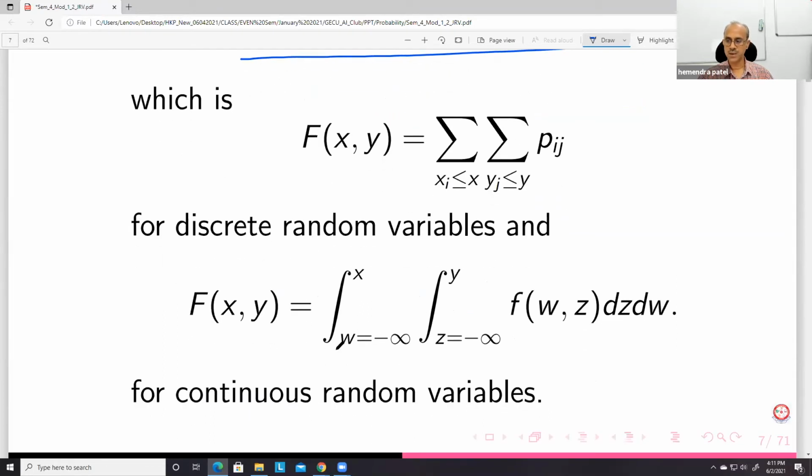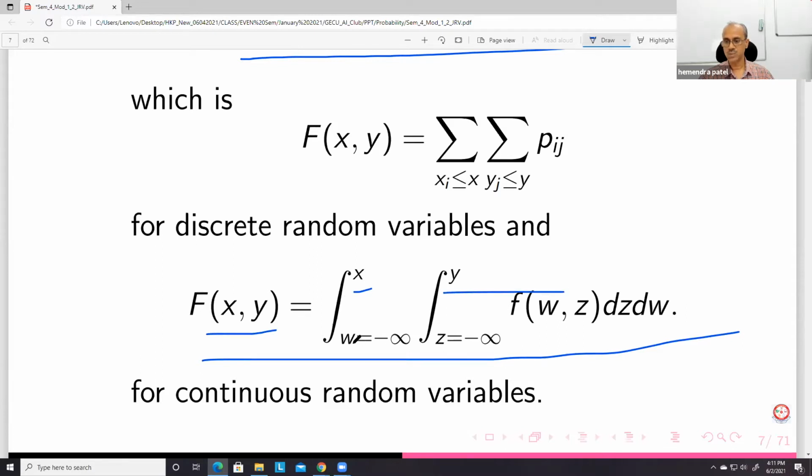Similarly, in case of continuous random variables, if you want to find the value at (x,y), then the upper limits will be x and y for both. So for w, it is minus infinity to x, because w is the first variable here. If you want, you can write f(x,y) dy dx, no problem.